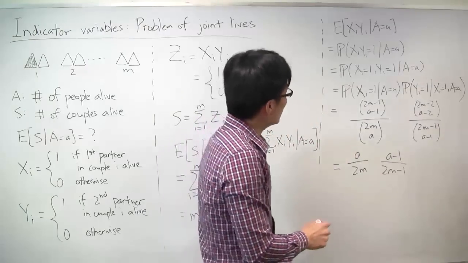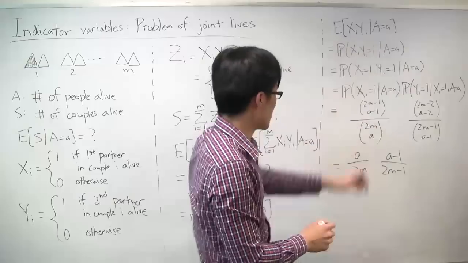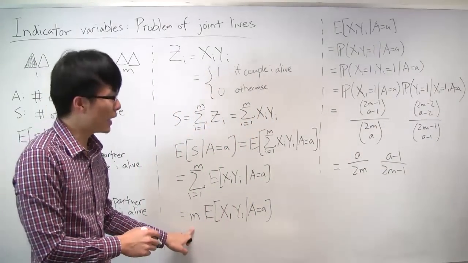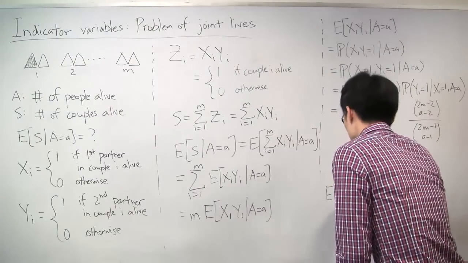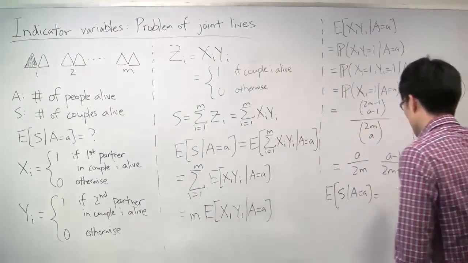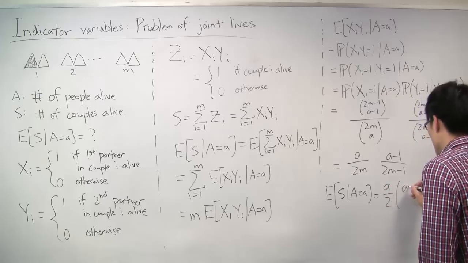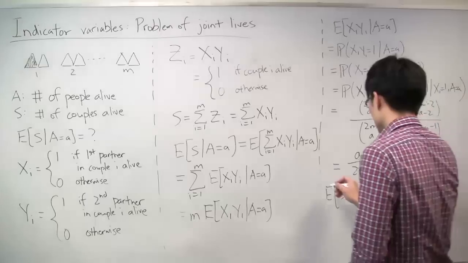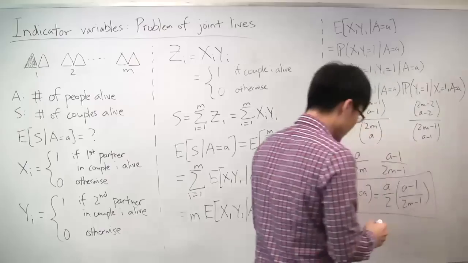And so we get this conditional expectation. But remember, we also have a factor of m that we need to add in. And so the final answer that we get is going to be a over 2 times a minus 1 over 2m minus 1. So that is our final answer.